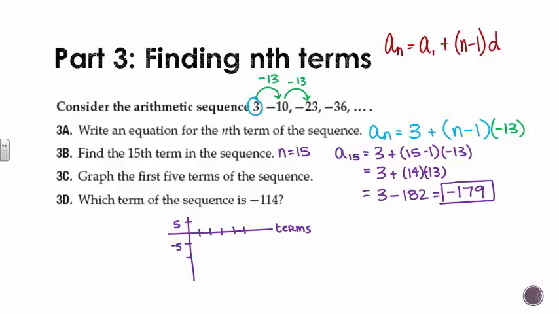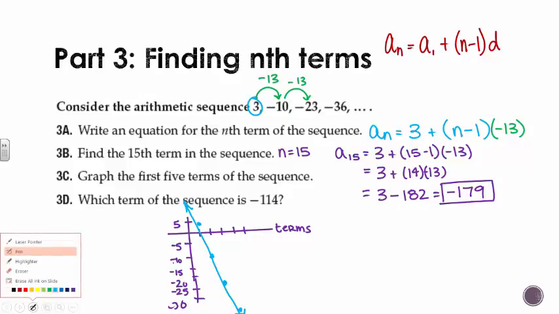Negative 5, negative 10, negative 15, negative 20, negative 25, negative 30. Let's see if all this fits. So my first term is at 3. My second term is at negative 10. My third term is at negative 23. My fourth term is at negative 36. My other one runs off the graph, but you can see that they form a nice straight line, just like they should.